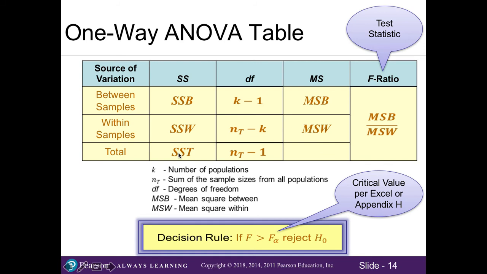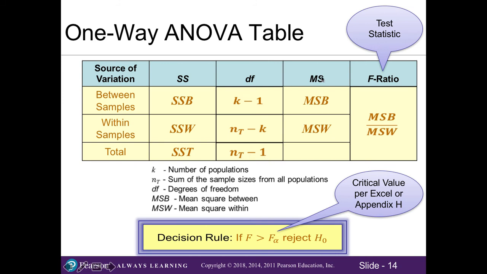And recall that when I add SSB and SSW, I get SST. Our degrees of freedom that we calculated earlier in our problem 13 are stated right here, where I've got k minus 1 for between samples, n sub t minus k for within samples, and n sub t minus 1 for the total.